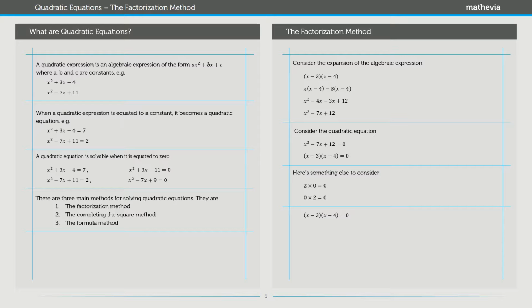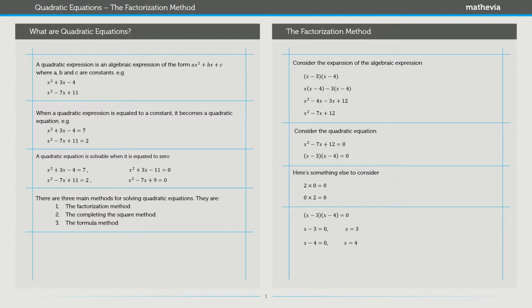Now if you have x minus 3 multiplying x minus 4 to give you 0, the only way this is possible is if one of them is 0. I.e., if you have that x minus 3 equals 0, then x equals 3, or you have that x minus 4 equals 0, and then x equals 4.